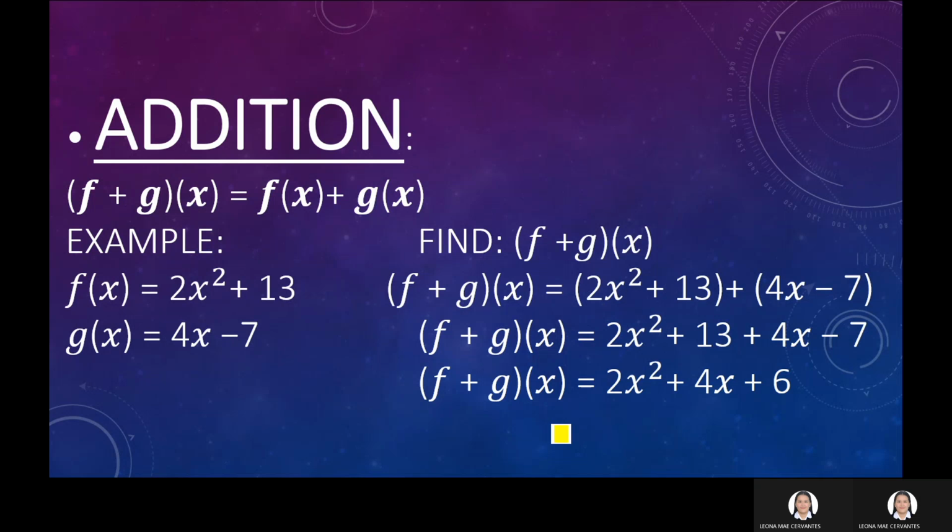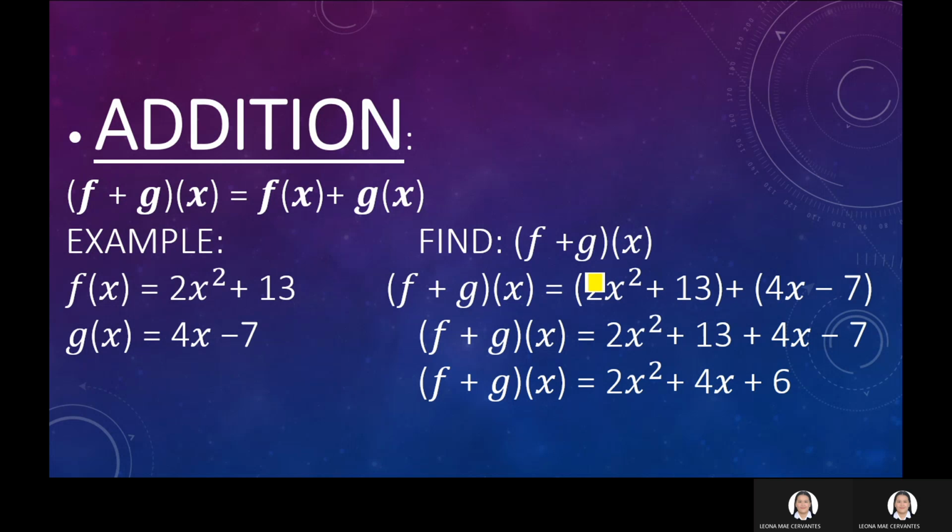Let's have another example for addition. So f plus g of x is equal to f of x plus g of x. For example, the value of f of x is 2x squared plus 13, and the value of g of x is 4x minus 7.